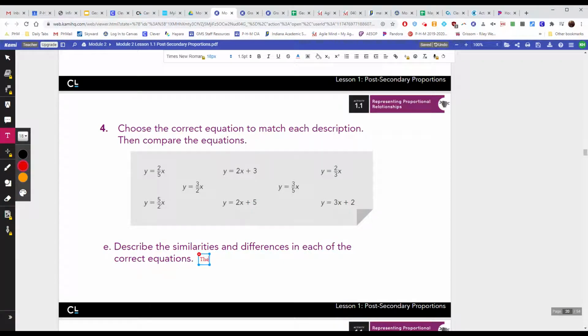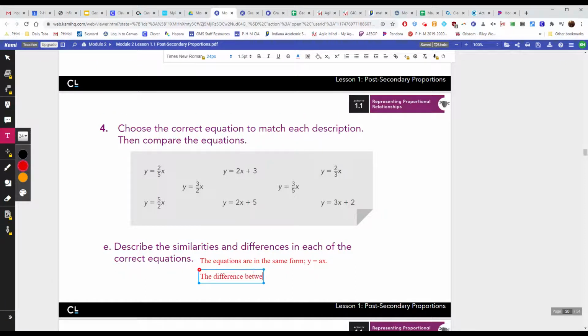So the equations are in the same form, and that form is y equals something in front of x. So some number in front of x. I'll just use a for that number. So they're all written in the same form, y equals ax. The difference is whatever that value of a is.